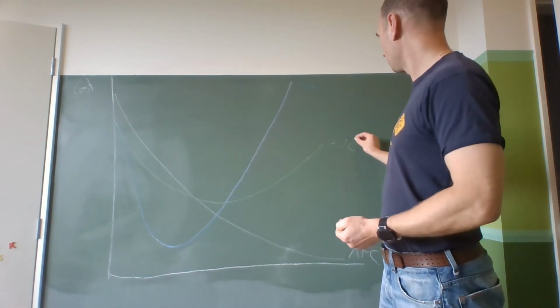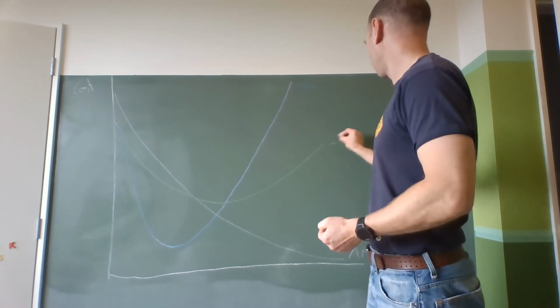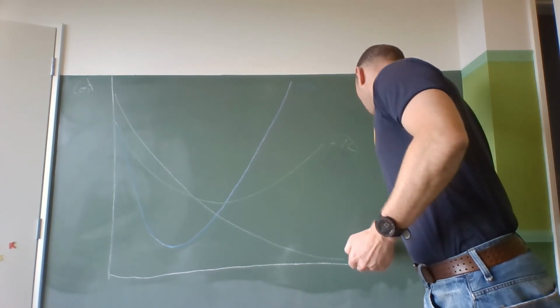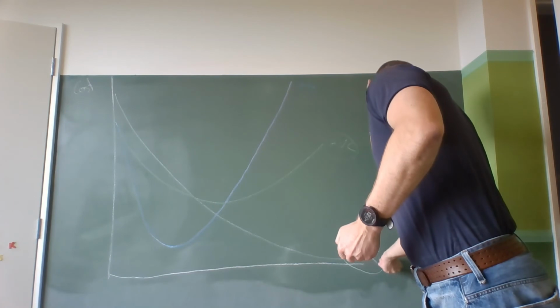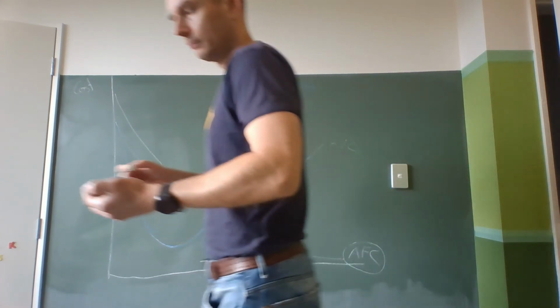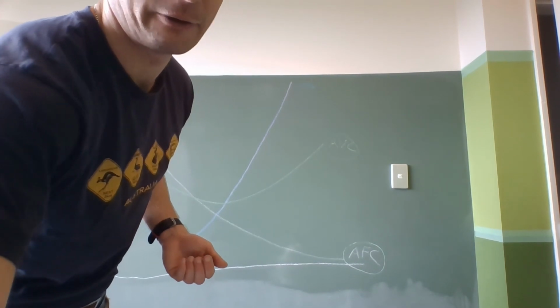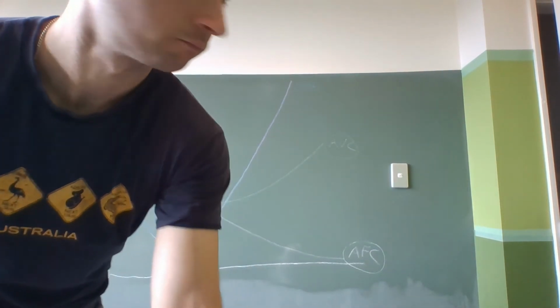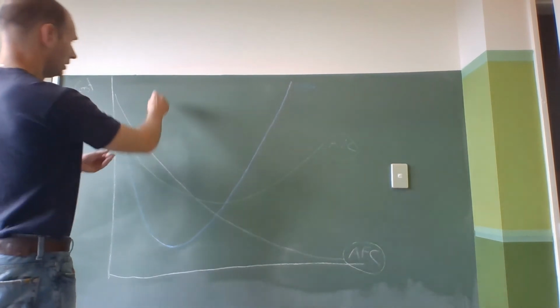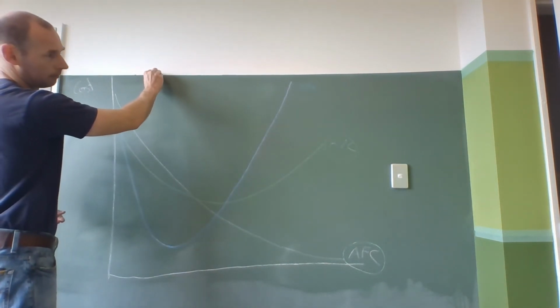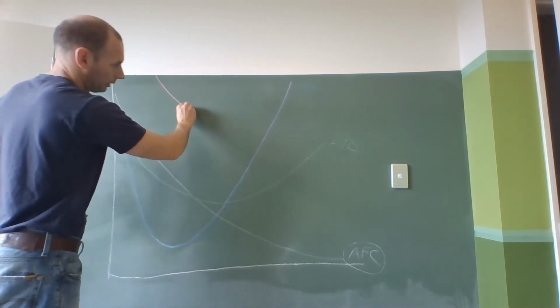And now all I need to do is create the average total cost, which is going to be the summation of, oh, sorry, of the two, average variable cost and average fixed cost. So as I add it up, it will look like this.